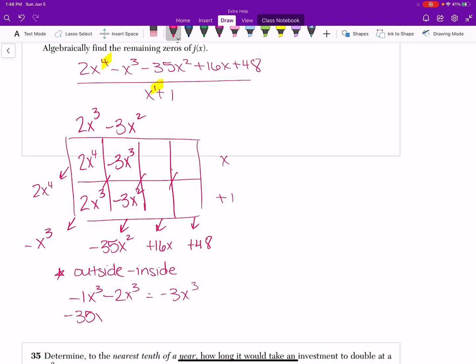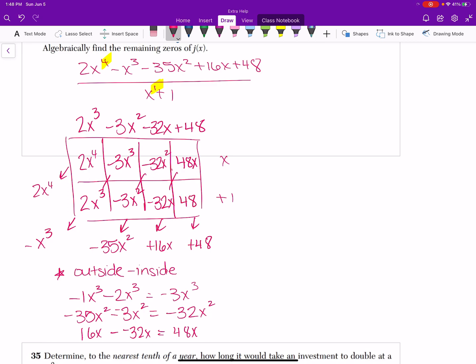So now outside minus inside, minus negative 3x squared is negative 32x squared. So then we have negative 32x. We want 16x. So outside minus inside gets me 48x. So positive 48. And we already know from the first part that there should be no remainder.